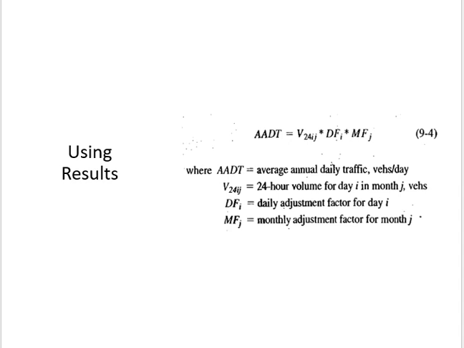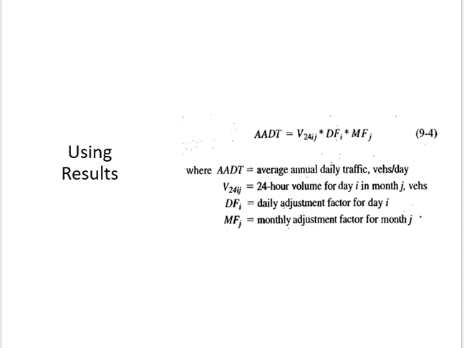For example, what is the date today? 23 March. Say a count is taken today. What day is today? Sunday, right?